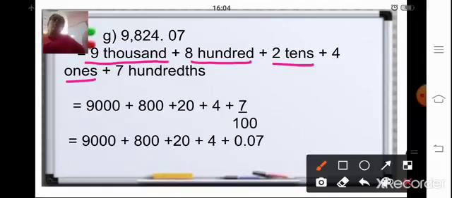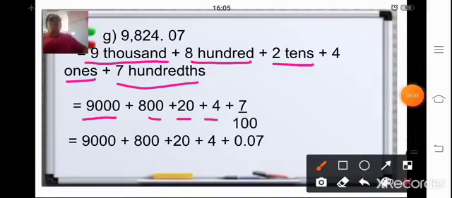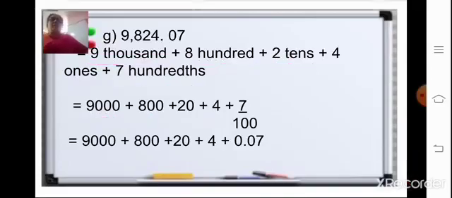If you write also, it is not wrong. 7 is in 100th place, so 7 upon 100. So you will write 9000 plus 800 plus 20 plus 4, and 7 upon 100. Write it using a decimal point, that is 0.07. Okay.